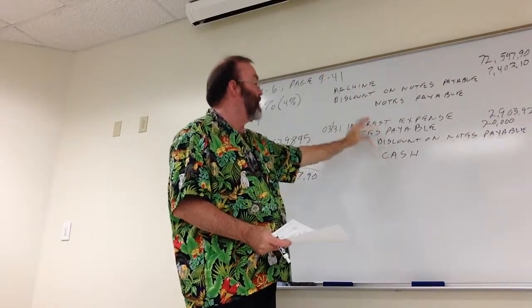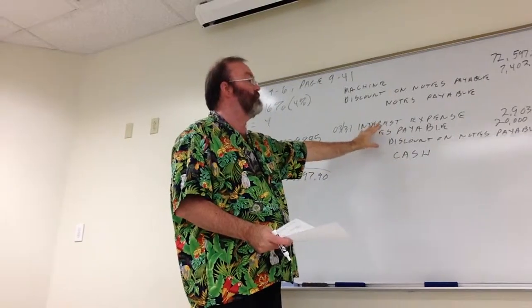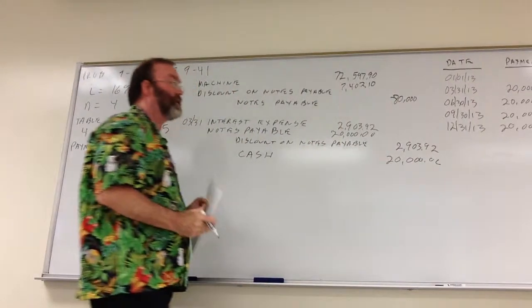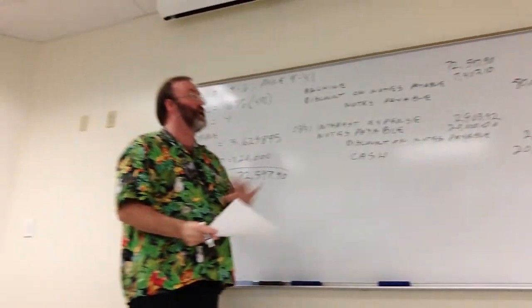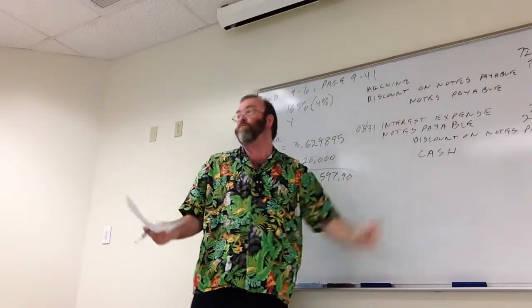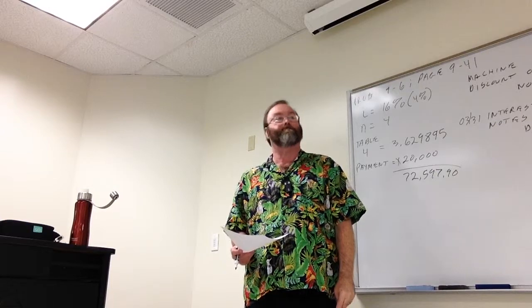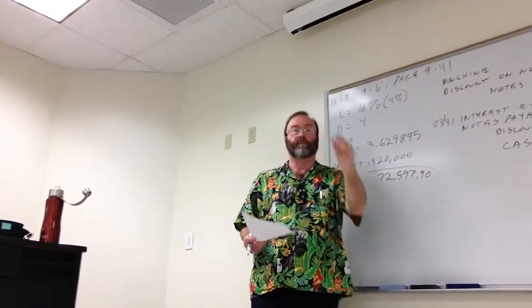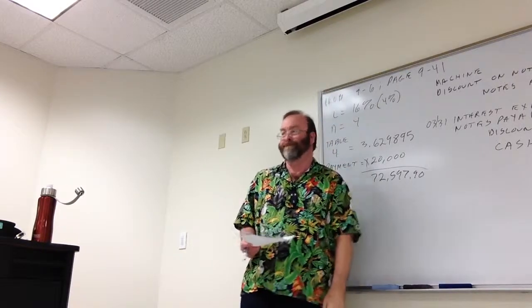The note payable and the cash entries are the same, $20,000. And you would do that until you got to the end at 12/31, at which point your discount and your notes payable would both be reduced to 0. Okay? Does this make sense? A little bit? Okay.